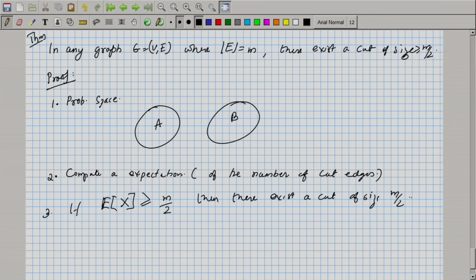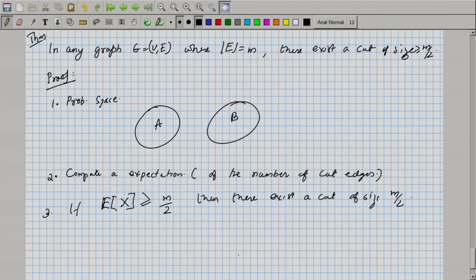Okay. So, its existence is proved. That means, if all the cuts were of size less than m by 2, then if you randomly choose a cut, that will have edges strictly less than m by 2, and therefore, the expectation cannot be greater than m by 2.